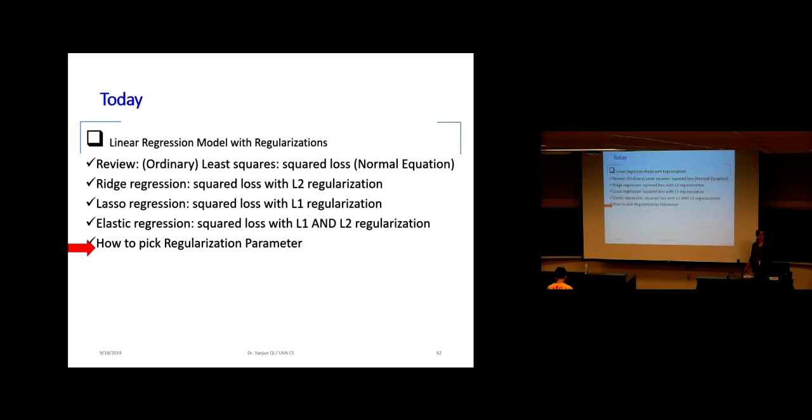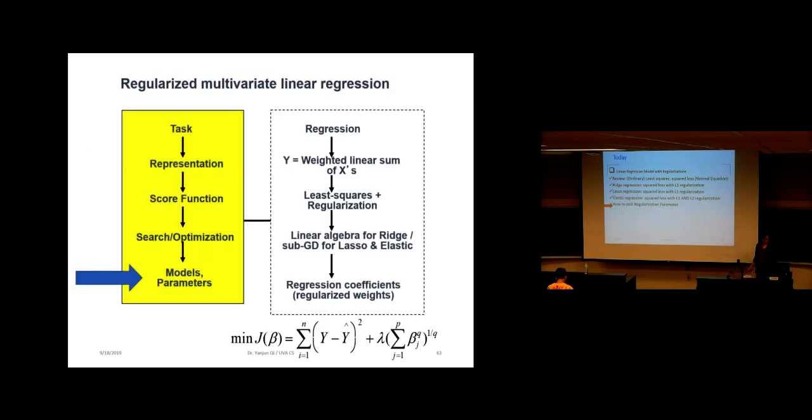All right, so this is now the last topic about how to pick the regularization parameter. This is related to model selection. It's a very important topic and related to what we had about cross-validation to pick which basis function to use.